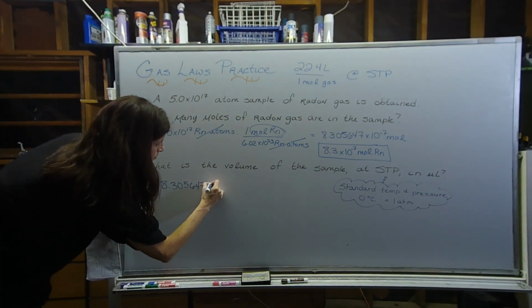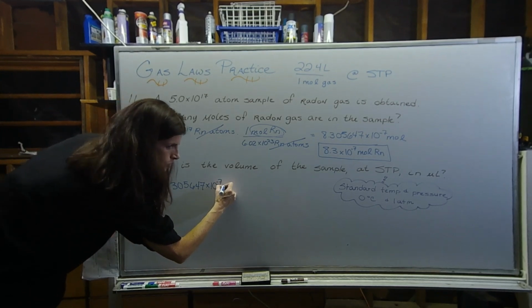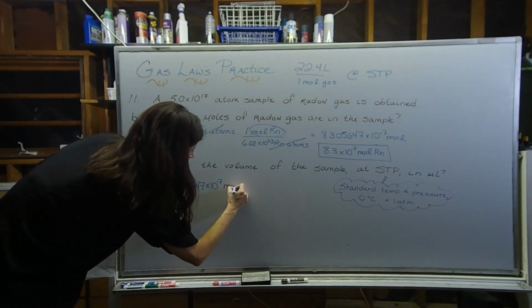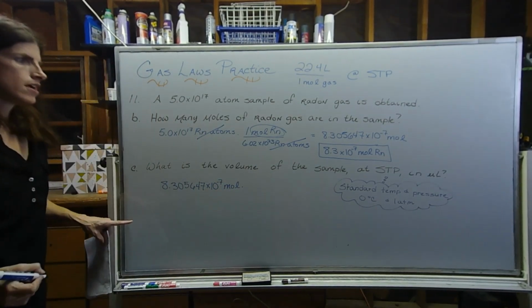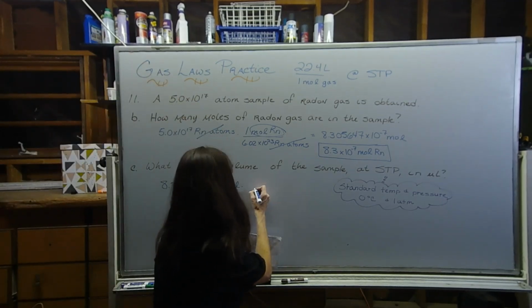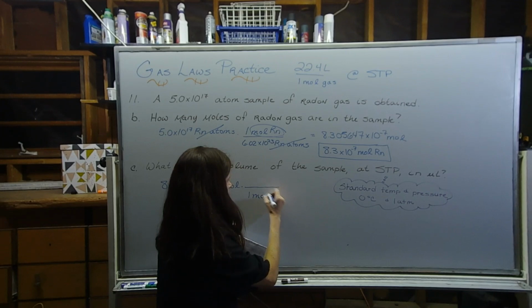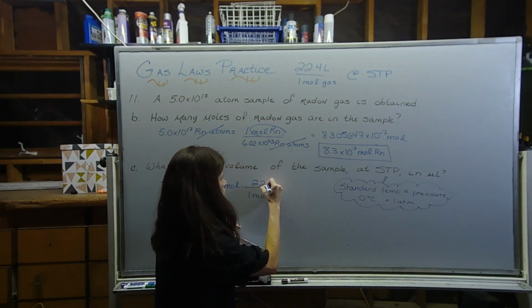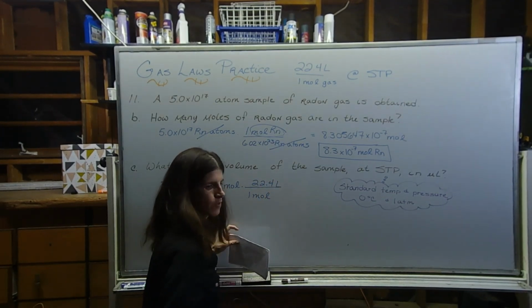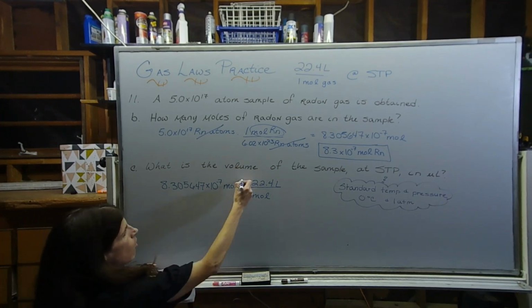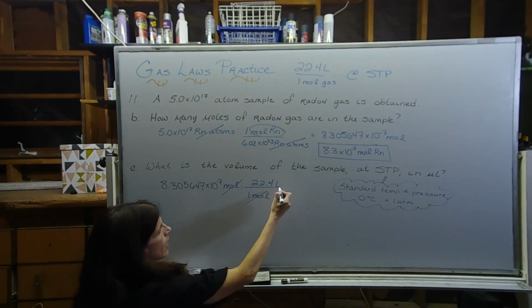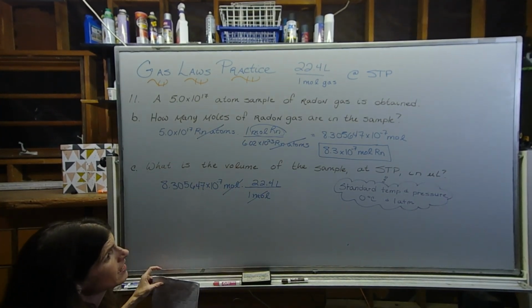So I'll do 8.305647 times 10 to the negative 7 moles. And then we can say 1 mole has 22.4 liters. So moles will cancel moles, and now I'm in liters. Actually, I need to take it a step further.